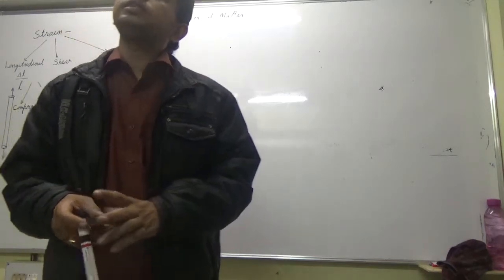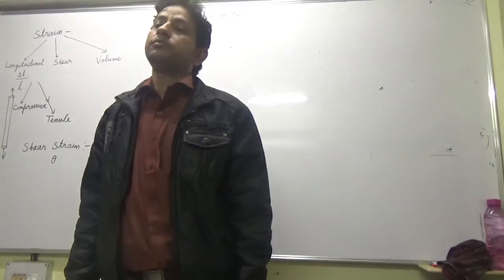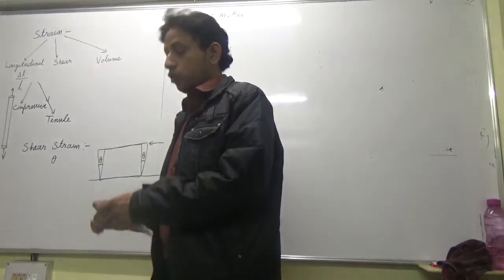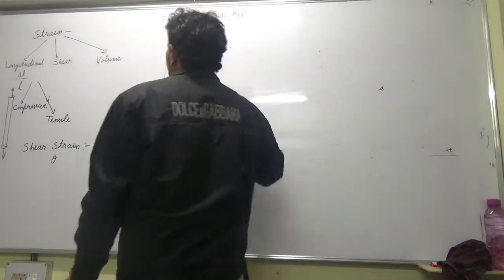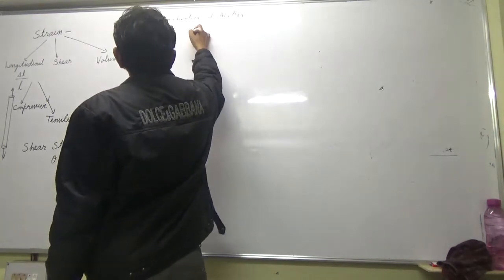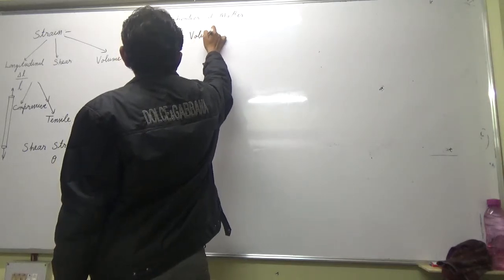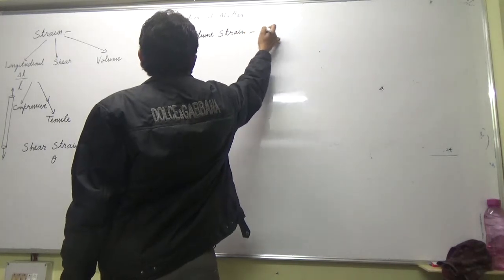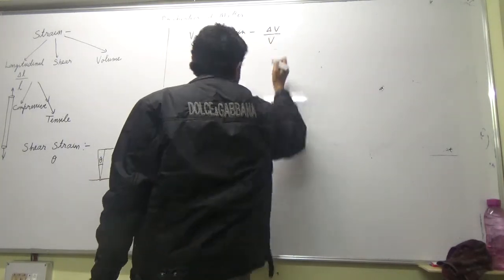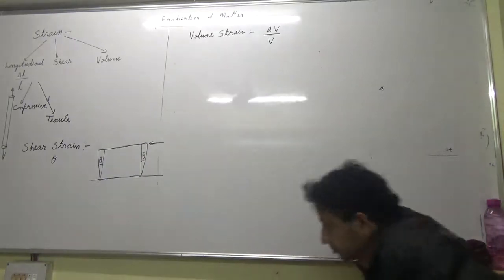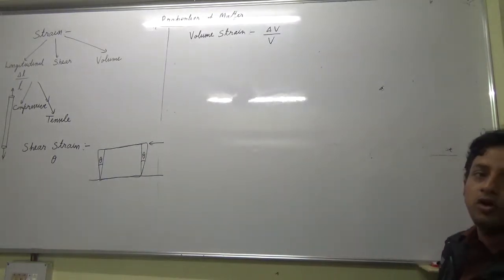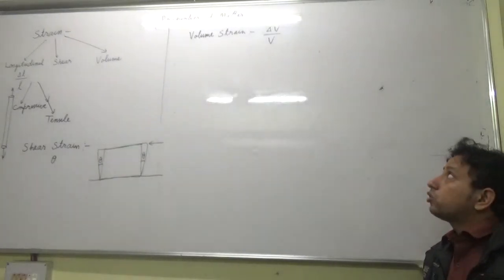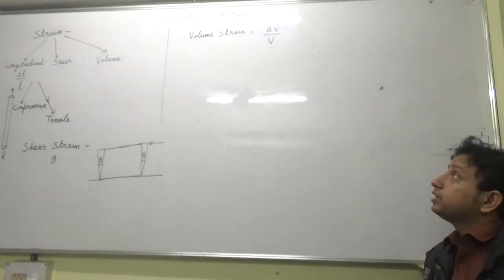So change in volume divided by total volume is called volume strain. Delta V by V. लिखो, change in volume divided by total volume is called volume strain.